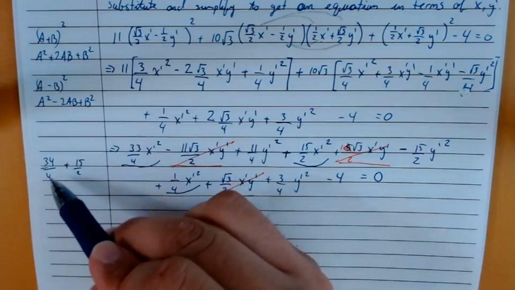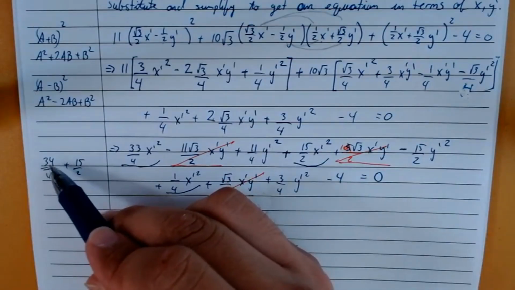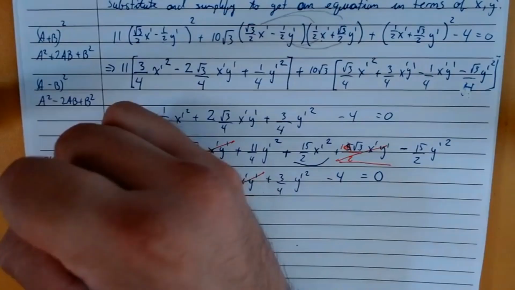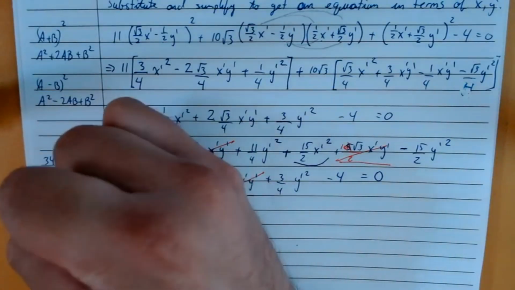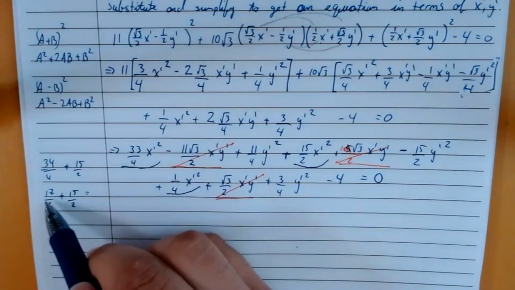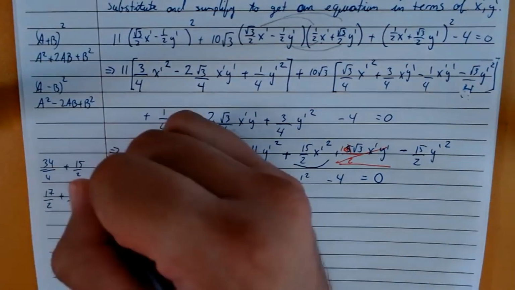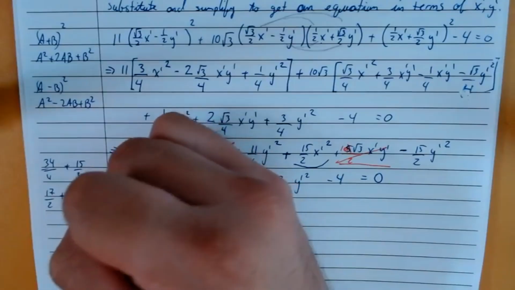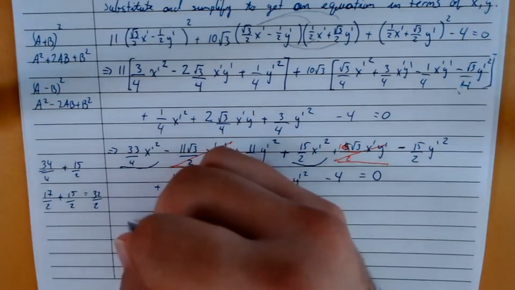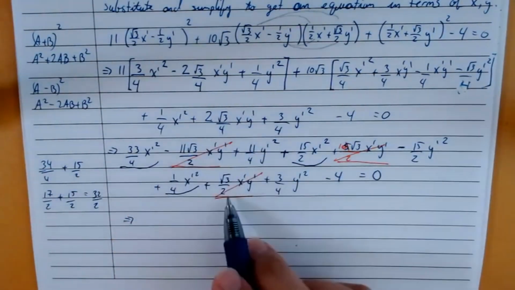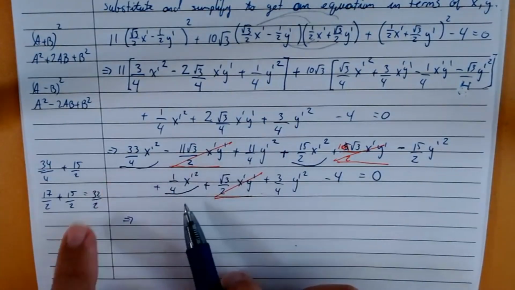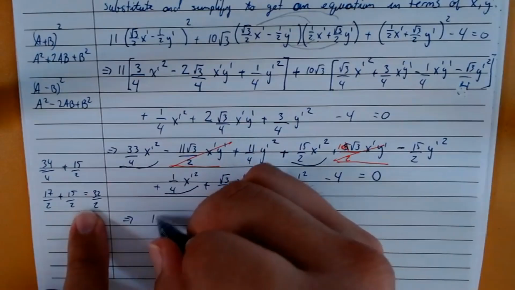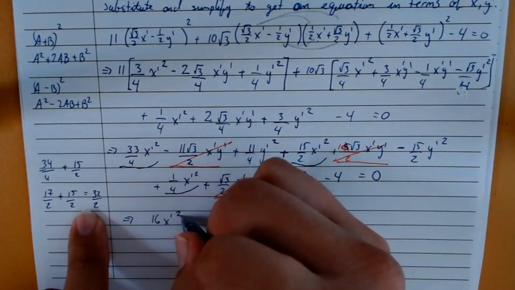Notice those reduced right here, 34 over 4, that's 17 over 2, plus 15 over 2, and that's 32 over 2, which is just 16. So all of these canceled out. These 3 combine to give me just the number 16 x prime squared.